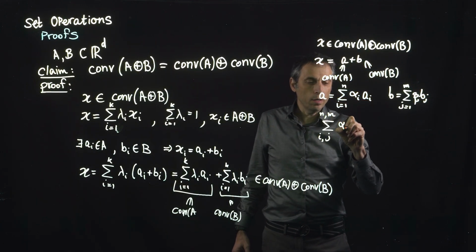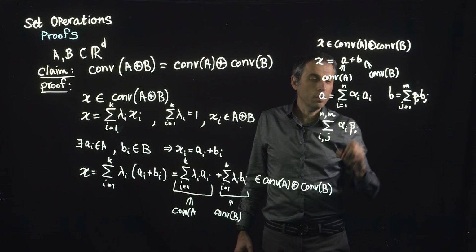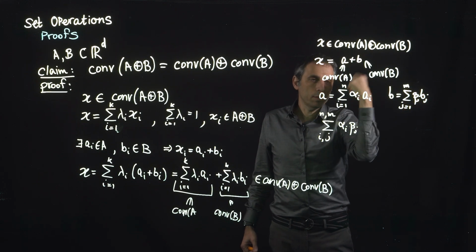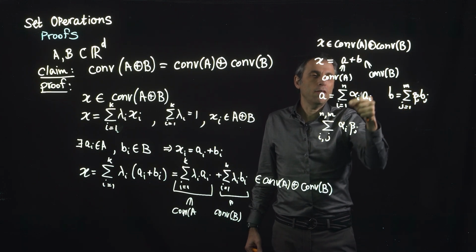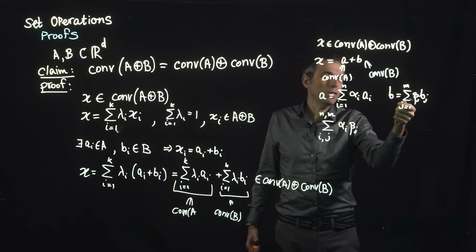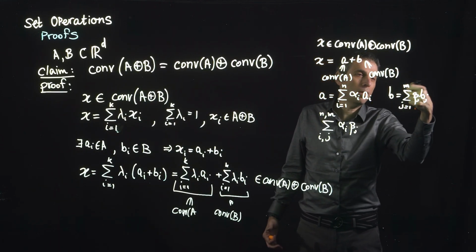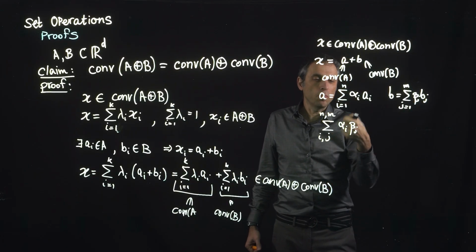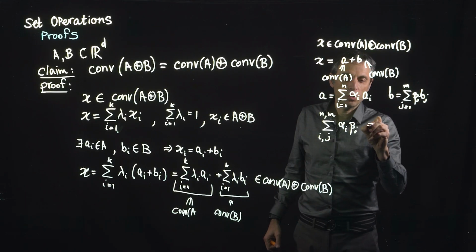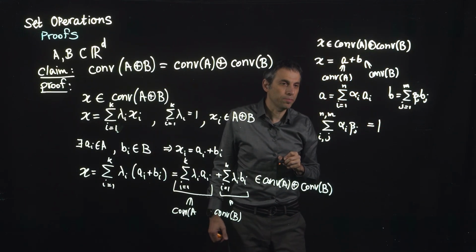And I'm looking at alpha_i beta_j. The alpha_i should sum to 1, each a_i comes from A, each b_j comes from B, and the beta_j sum to 1. So if I double sum this multiplication, it will also sum to 1.